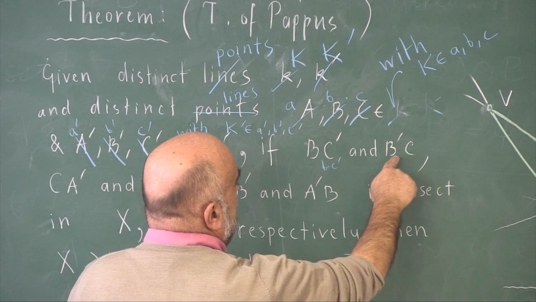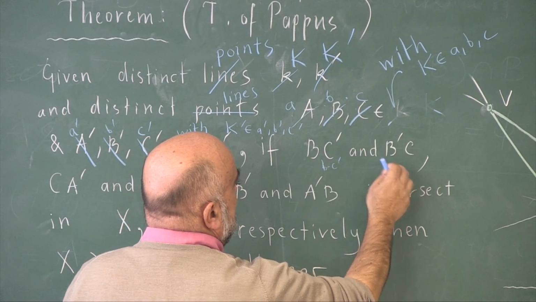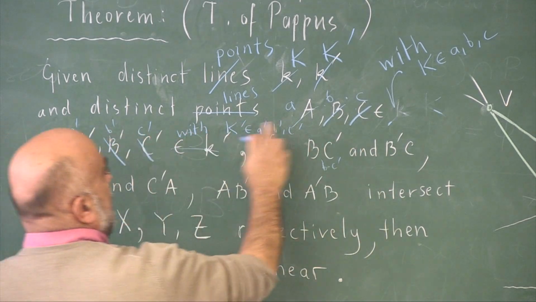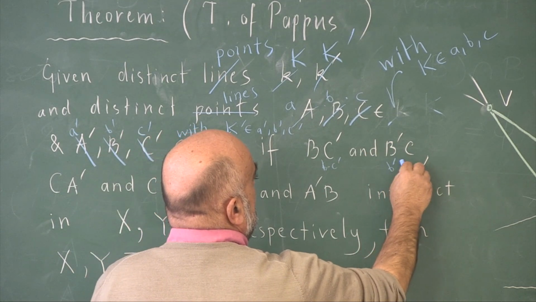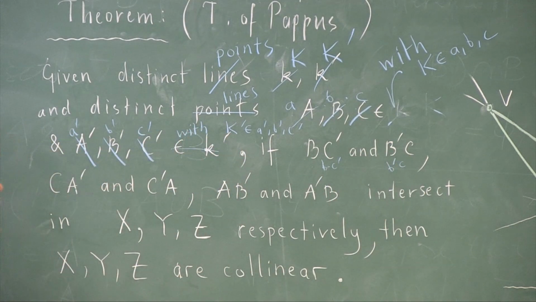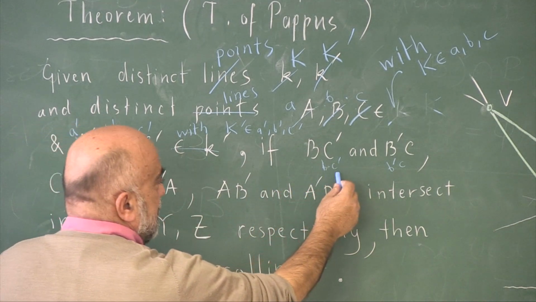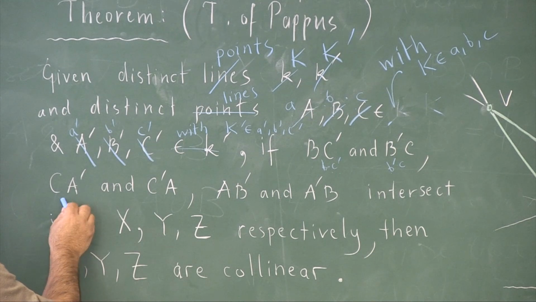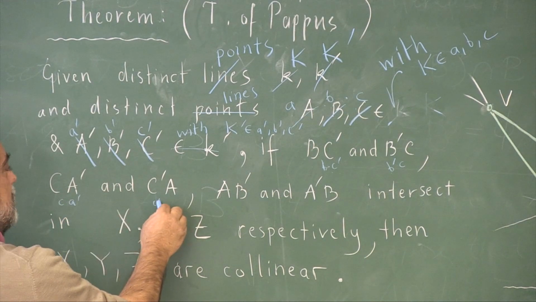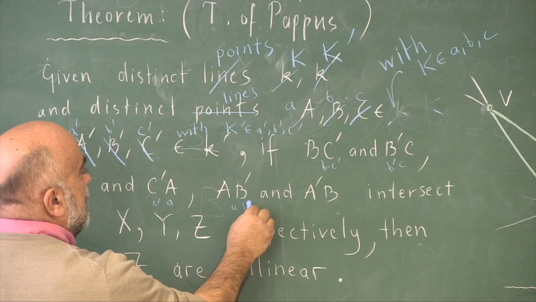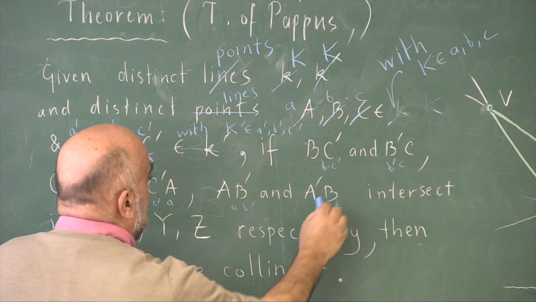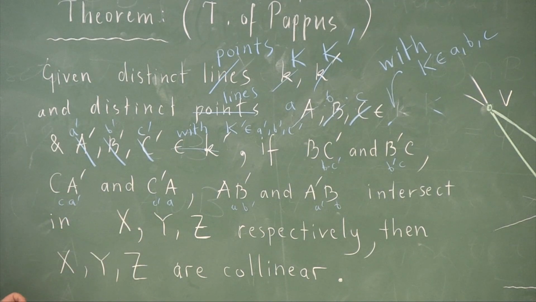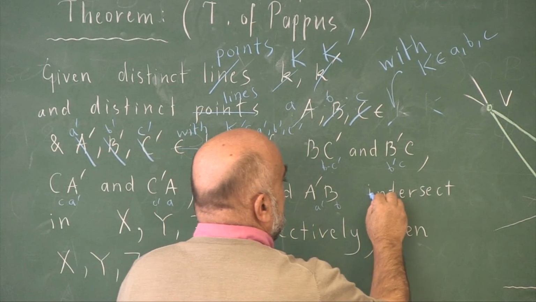And instead of the line B prime C, you will take the point obtained by letting B prime and C intersect. So these are 2 points, and there's a line going through them. And you have similar situations: CA prime, C prime A, and AB prime, A prime B. So these are all pairs of points determining lines.